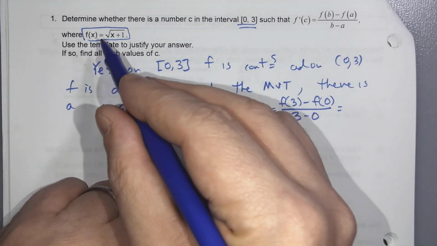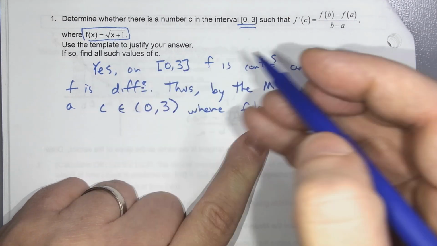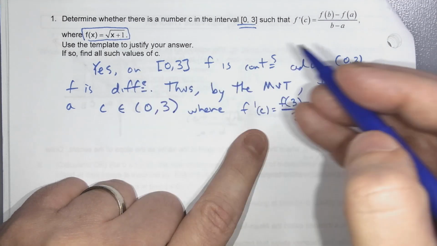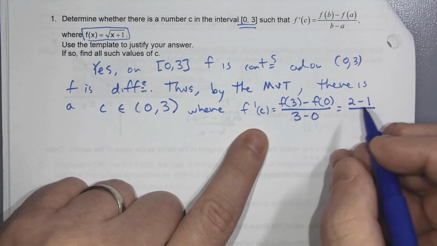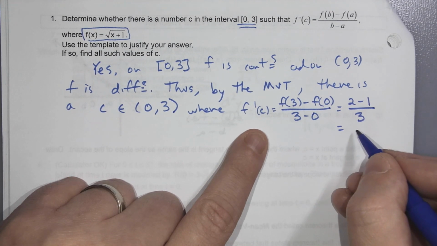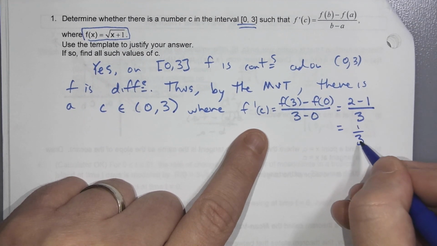Notice f of 3 is radical 3 plus 1, radical 4, which is 2, minus f of 0, so that'd be radical of 1, which is 1, over 3 minus 0, so 2 minus 1 over 3 is 1/3.